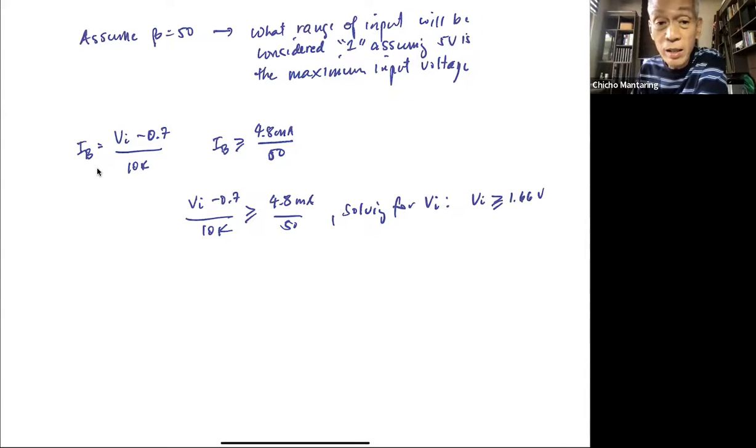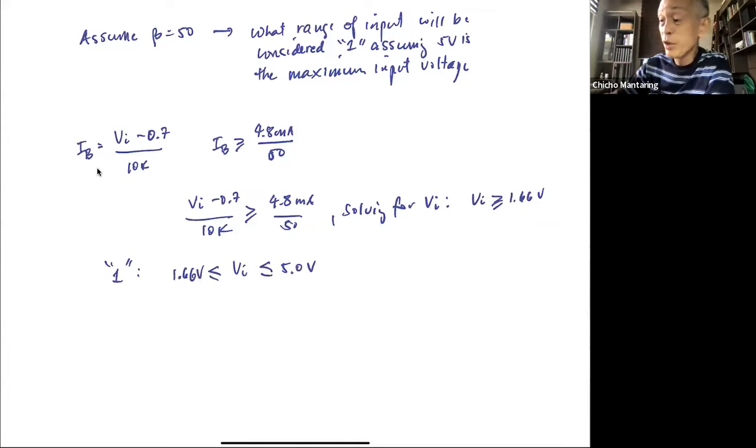So ano ang logic 1, no? Your logic 1 should therefore be VI anywhere from 1.66 volts to 5 volts, because we assume that 5 volts is the maximum input voltage.